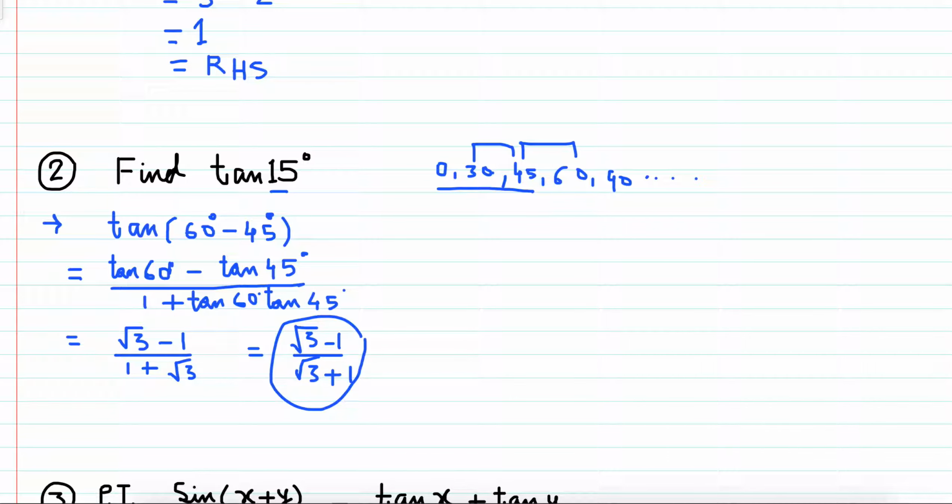What if we solve using 45 minus 30? We will get 1 minus tan 30, which is 1 by root 3. So 1 minus 1 by root 3 in the numerator, and in the denominator 1 plus 1 by root 3.